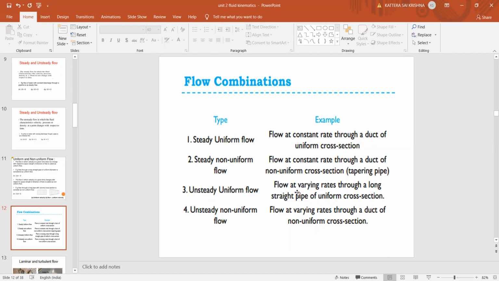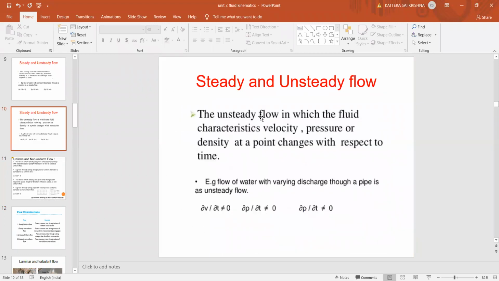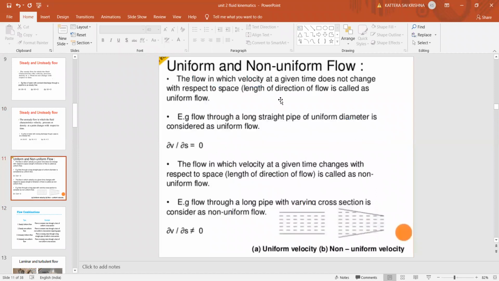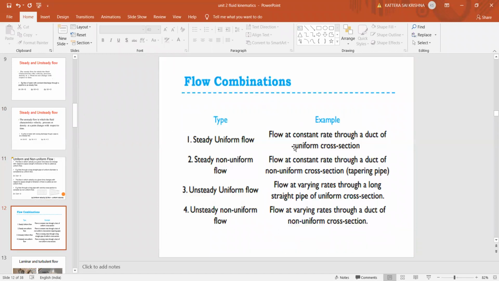These are the examples where you can see flow at varying rates, that is, discharge changing, through a long straight pipe of uniform cross section. Similarly, flow at varying rates through a duct of non-uniform cross section. There velocity changes with respect to space, so it will be unsteady non-uniform flow. So these are the combinations possible for the first four types of flow: steady, unsteady, uniform and non-uniform flows.